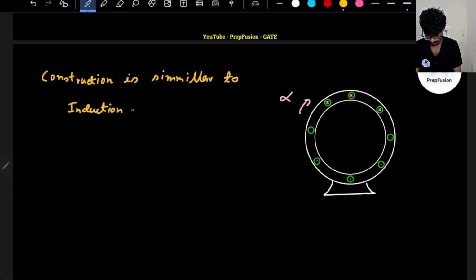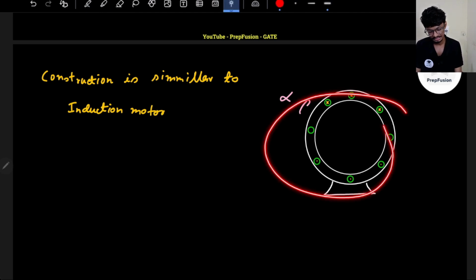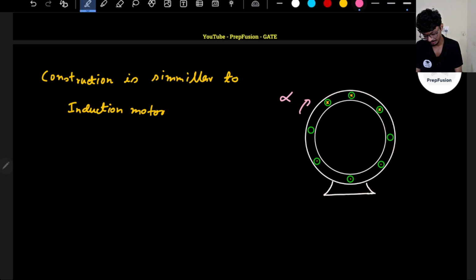Construction wise it is the same, but here instead of a three phase supply we will give a single phase supply.